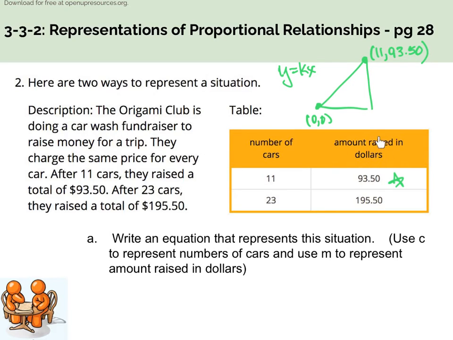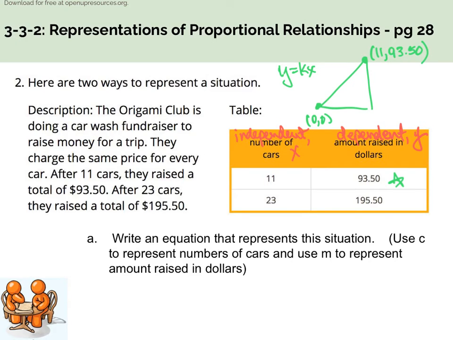So the amount of dollars depends on how many cars we wash. So this is our dependent, and dependent is always our y, and number of cars is our independent, and it is always our x. That's why I have the point as 11, 93.50.